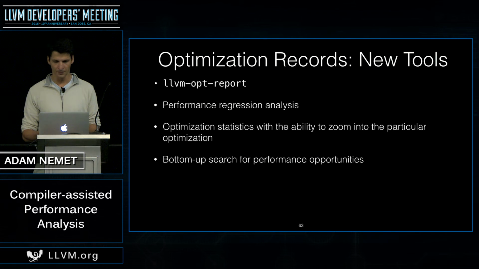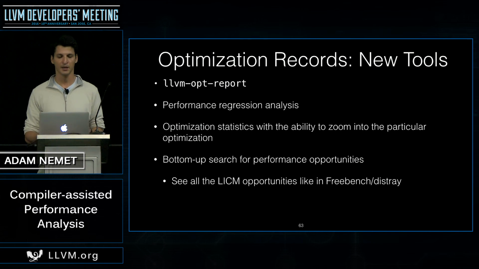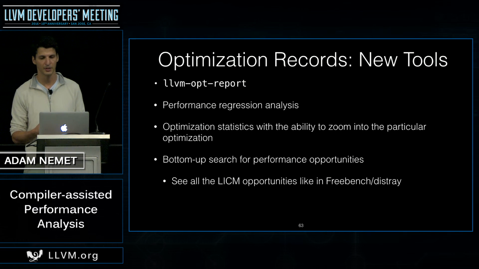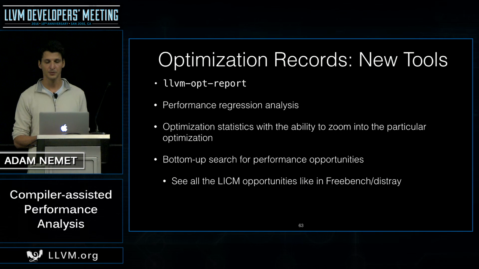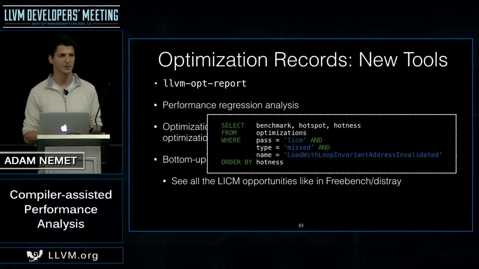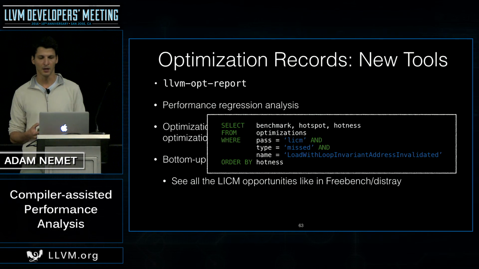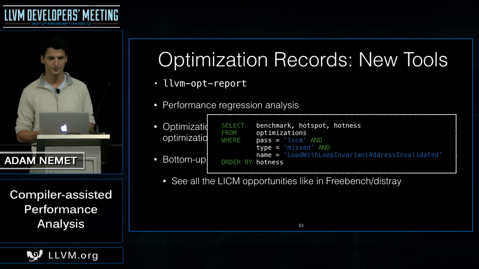So for example, if we want to look at how many times the same LLVM opportunity occurs in practice that we see in Freebench, and assuming we have all this data loaded into a relational database from our optimization record files, we should be able to just issue this highly hypothetical query, which should give us basically all the instances where this happens, ordered by hotness, so that we start focusing on the important stuff.